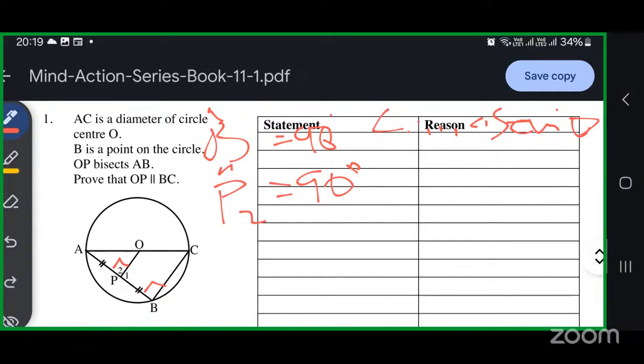Oh, cool. No, it's fine. It's cool, man. I don't judge you. But for P2, do you have some theorem that you can look at now? Maybe in the book.